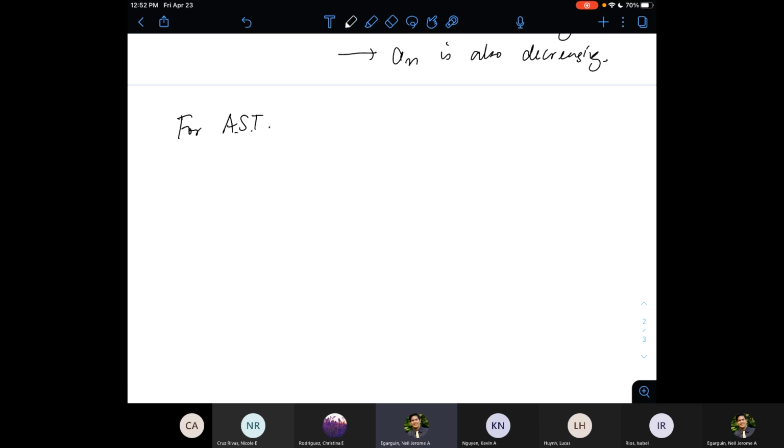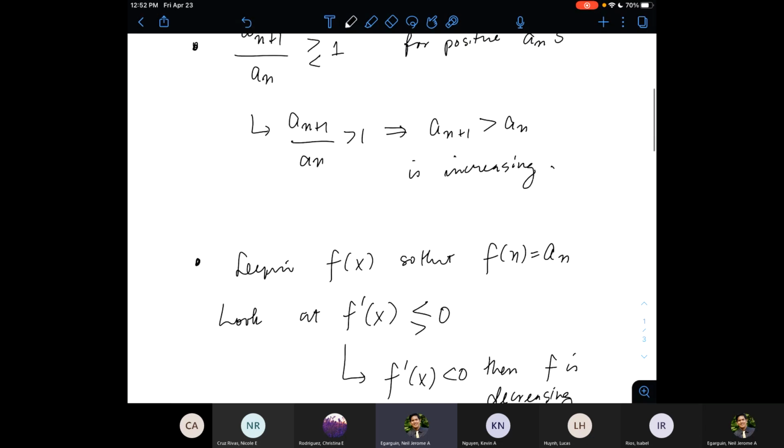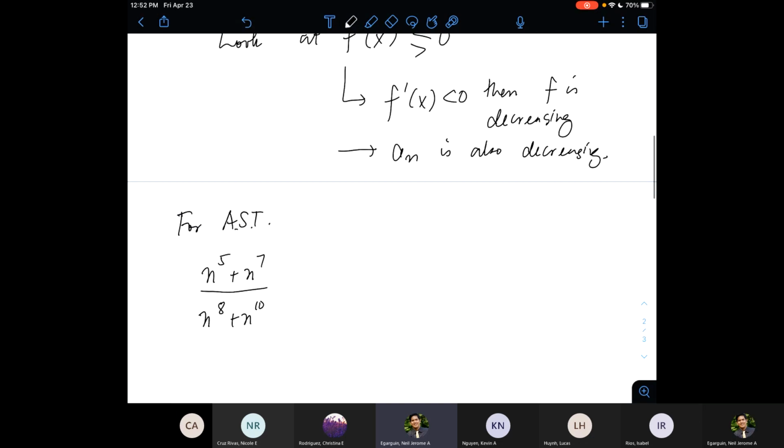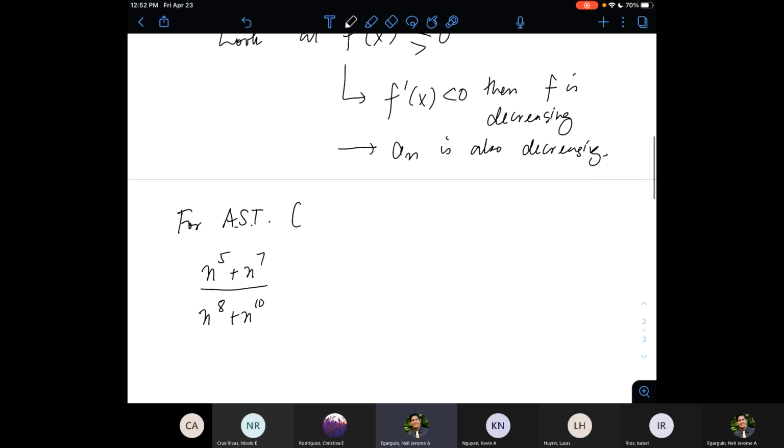But for the AST, it's much simpler, because if Professor Almos will allow you to argue it this way, you can say that for my previous example, I have this. For instance, you can try any of these 3 bullets here to show that this is decreasing, because remember for the AST, you need to show that a_n is decreasing.